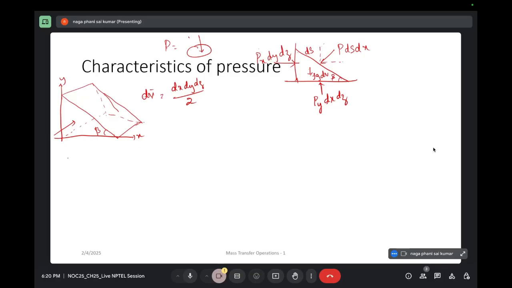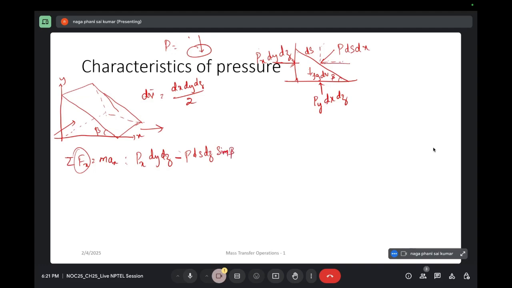So let's balance forces in the x direction. Sigma Fx is going to be m into ax, where a is the acceleration of the body, or acceleration of this particular triangular prism. So this is going to be px into dy into dz minus, this is the first component, and the second component will be p into ds into dz into sine beta.